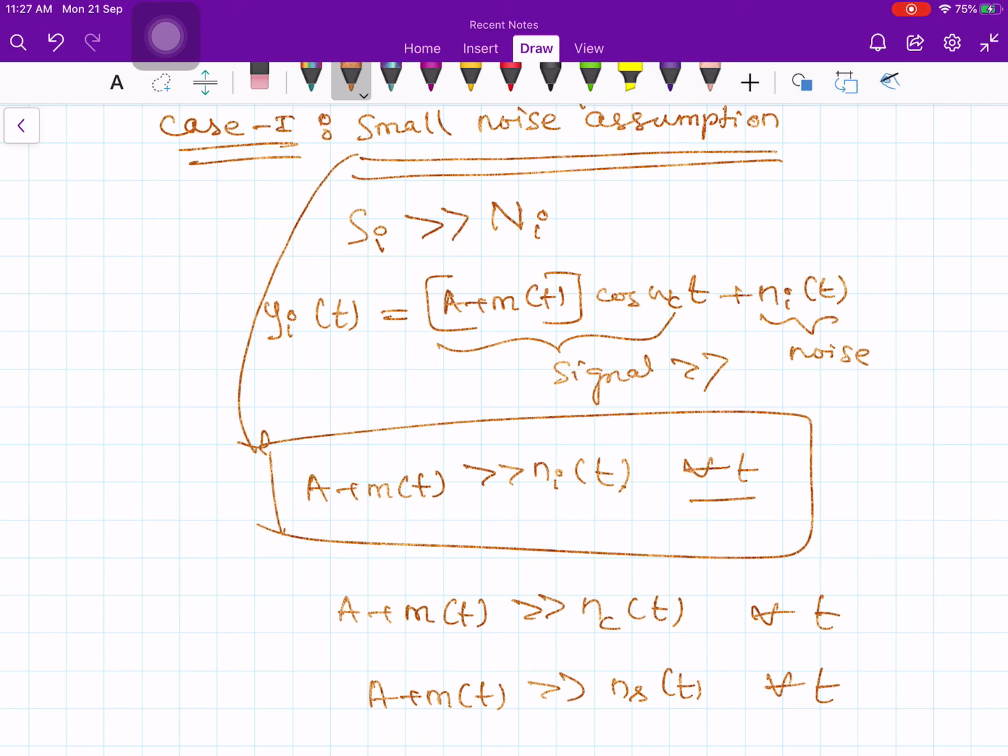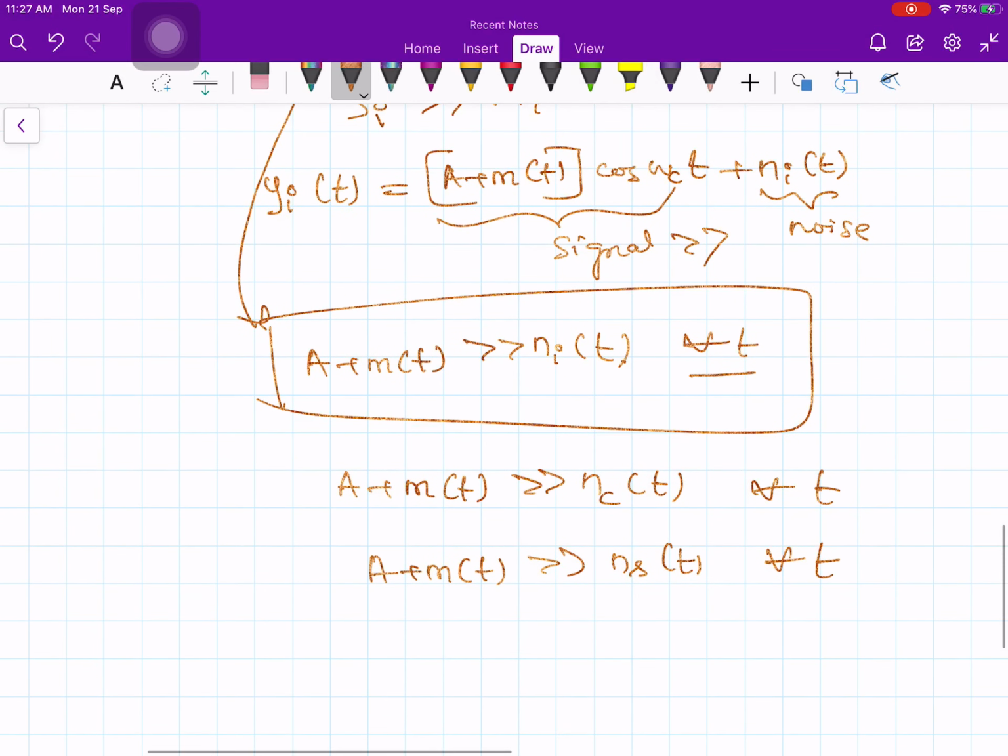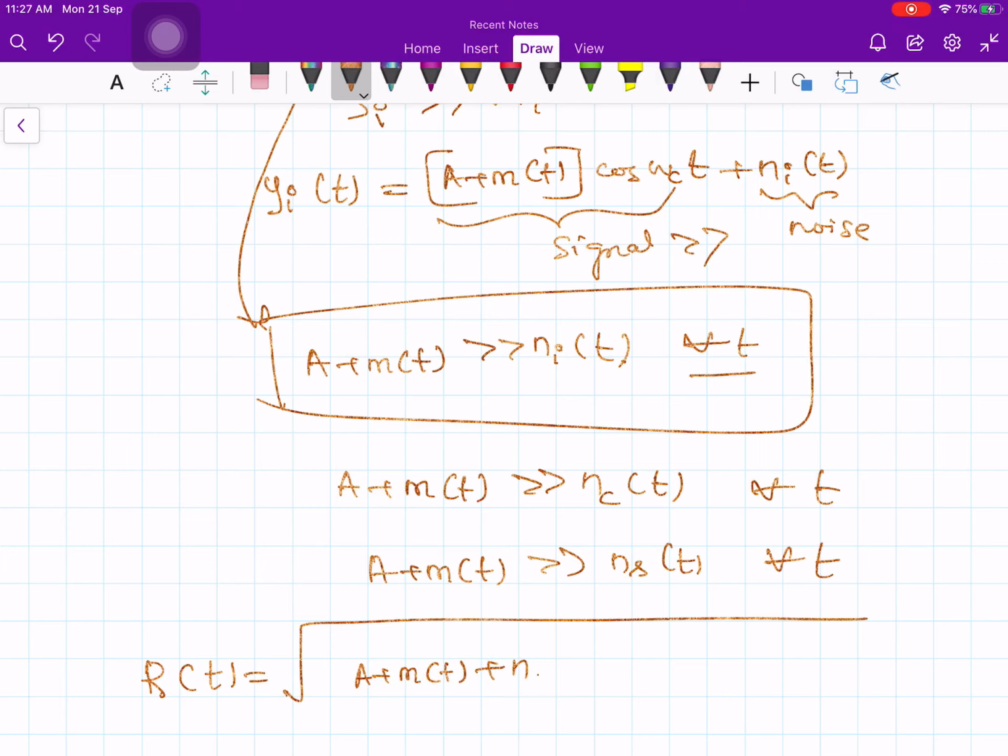If this is the condition, then your envelope simplifies as follows. What is your envelope? R of t is equal to the square root of [A plus m of t plus n_c of t] whole square plus n_s squared of t.